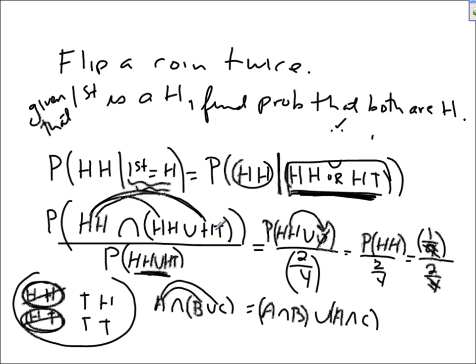I mean, just multiply both sides by 4. You'll see it. The 4's cancel. What survived is 1 divided by 2, a half. Same answer we've been getting all along. Much, much harder using the formula.